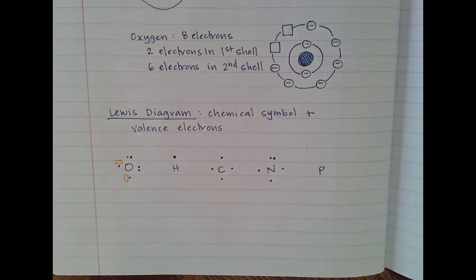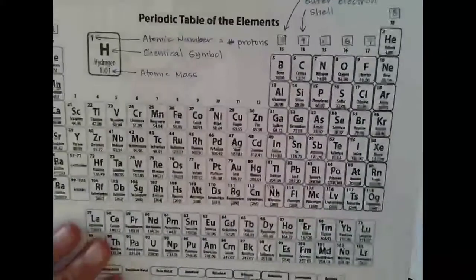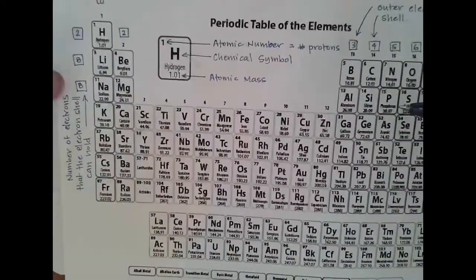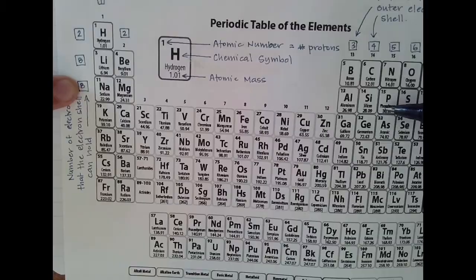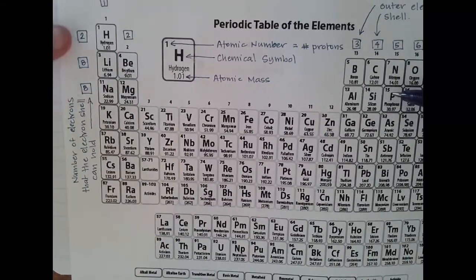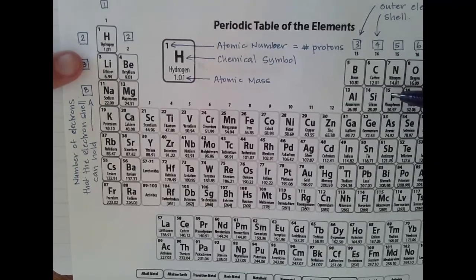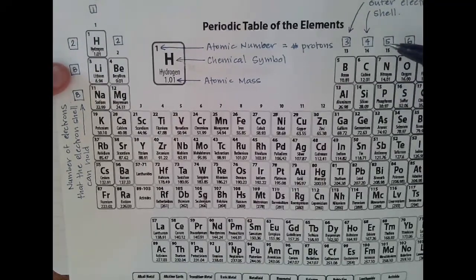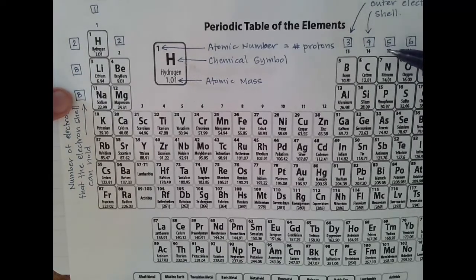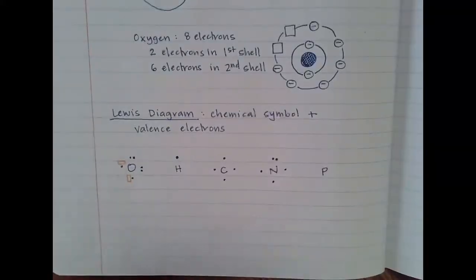So phosphorus is down 1 row, which means that it has 3 electron shells. We're going to have 15 total electrons. We're going to have 2 in the first shell, 8 in the second shell, and then 5 in the outermost shell because the valence electrons are in the outermost shell. It's this shell here, but it's only going to have 5 electrons.